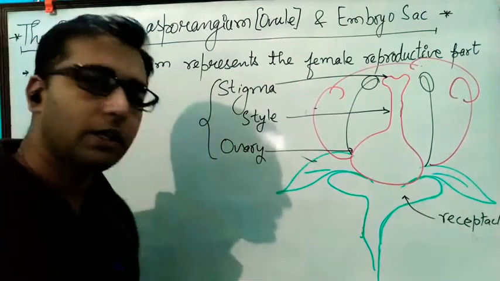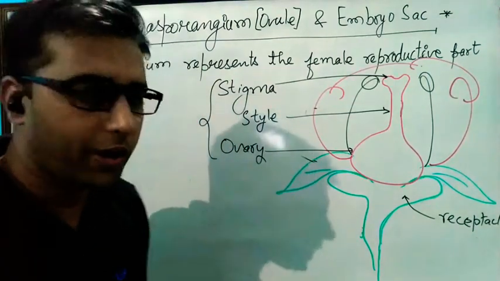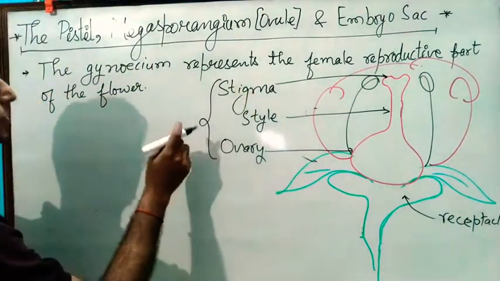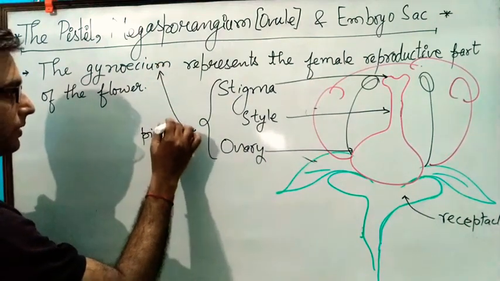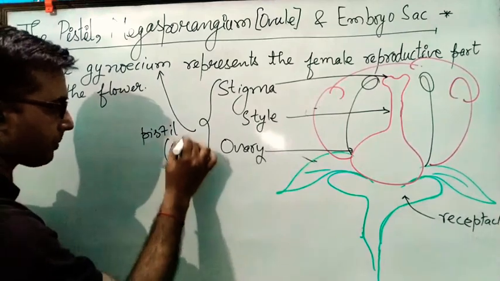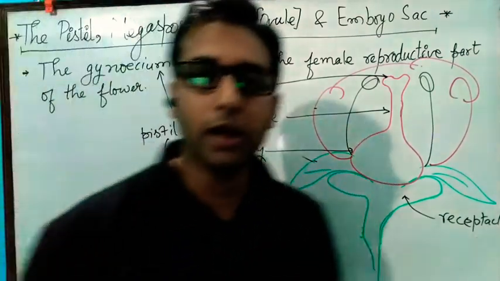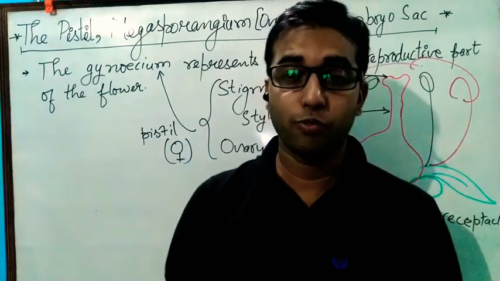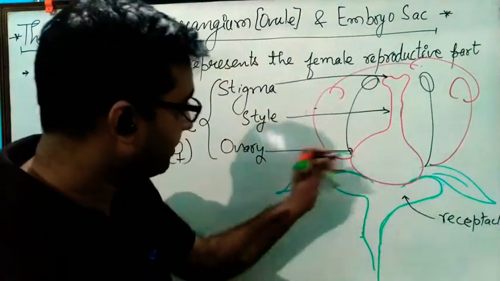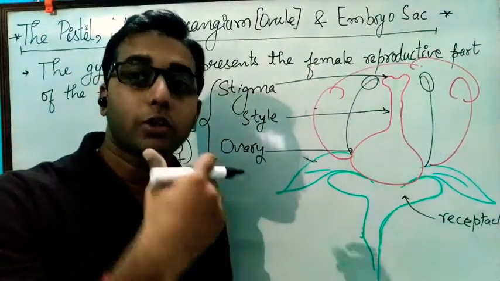So stigma, style and ovary together constitute the gynoecium, or you can say the pistil, the female reproductive part.